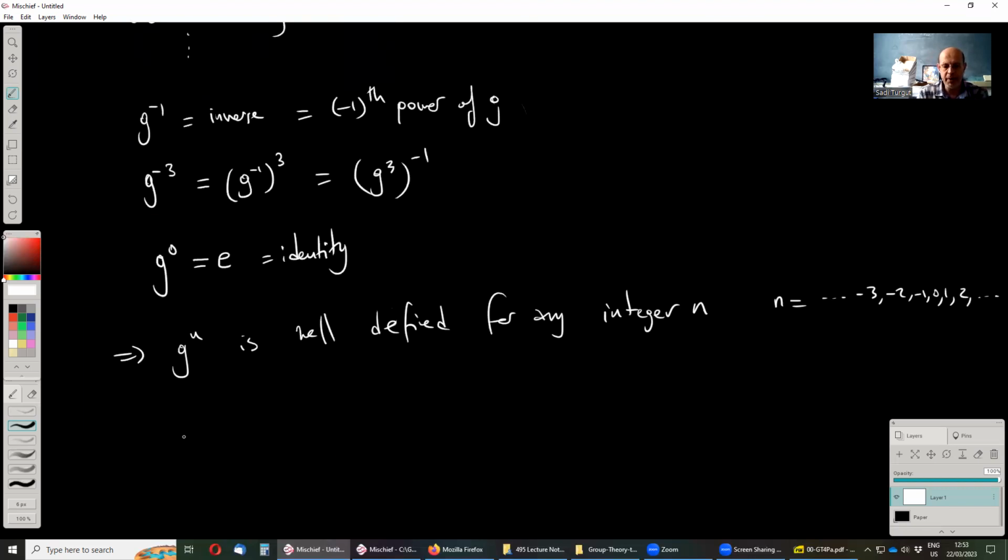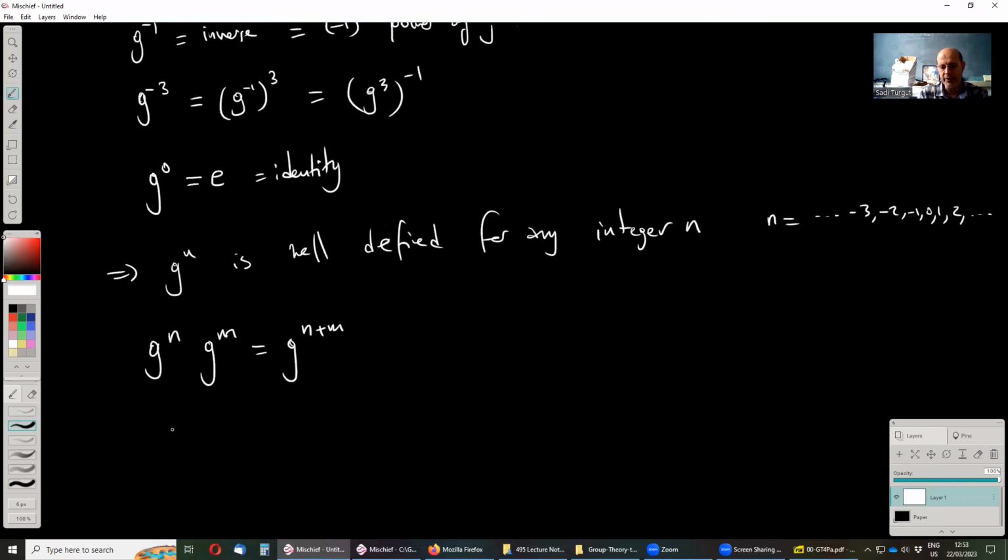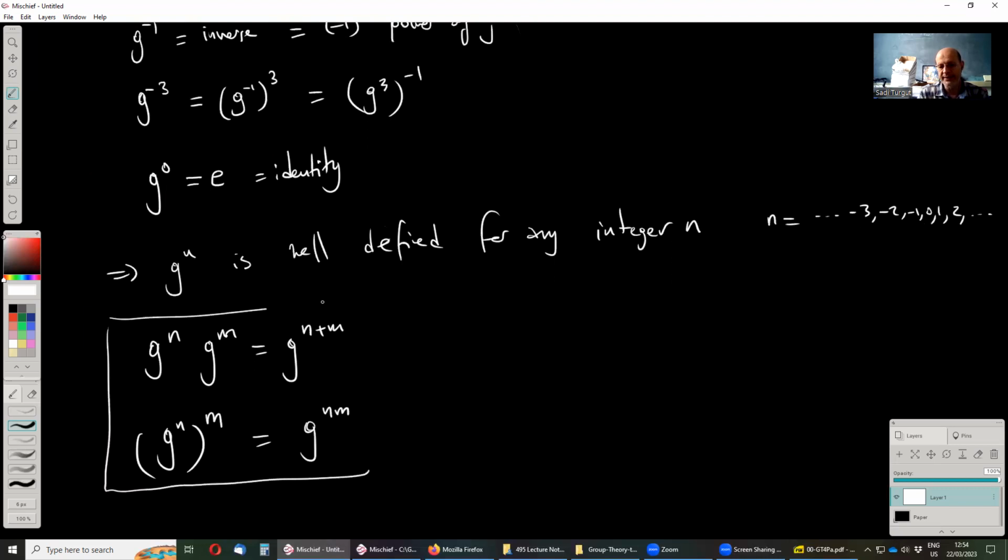So we can define a power. These powers satisfy these properties. So if you have the product of the nth and the mth power, we get that's basically equivalent to the n plus m power. And the mth power of G to the n is the same thing as G to the nm, right? So these properties hold true.